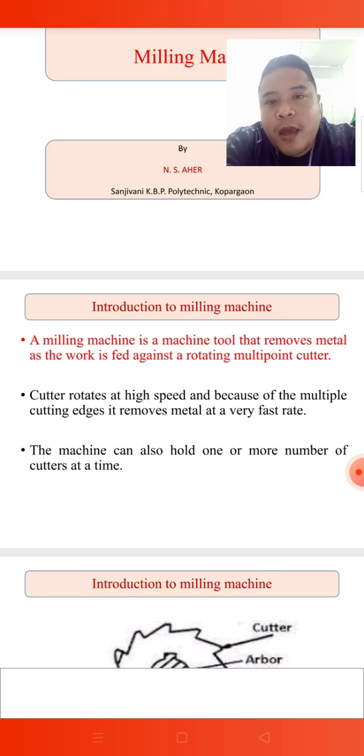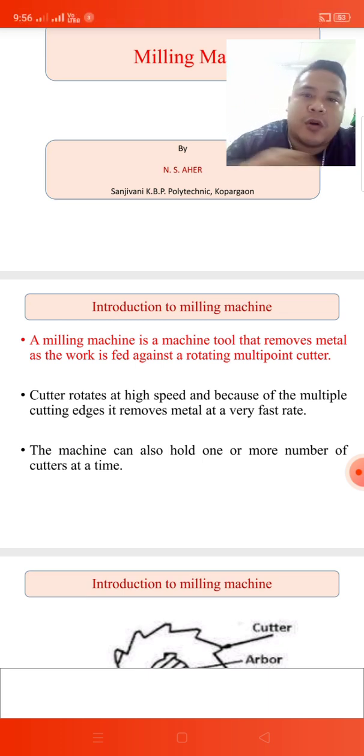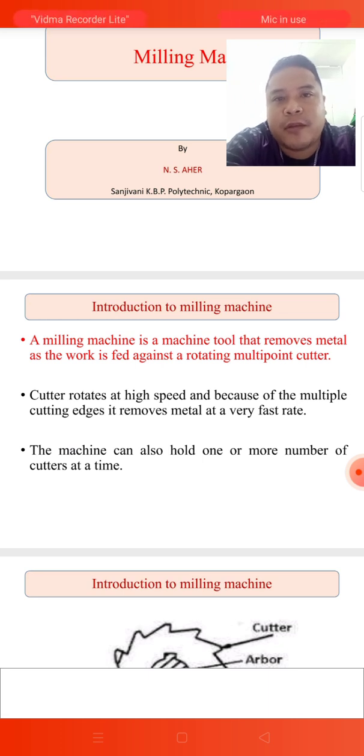The parts and functions of the milling machine will also be included in your midterm examination. You must familiarize yourself with the parts and functions of the milling machine. I will be posting it soon in our Google Classroom. It will appear in your midterm exam.